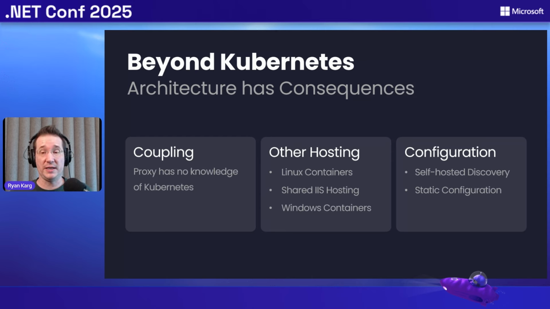So we had services that exposed APIs and web pages before we were using Kubernetes. And those are running on Linux containers that were just VMs that we managed, as well as .NET Framework services on shared IaaS hosts.